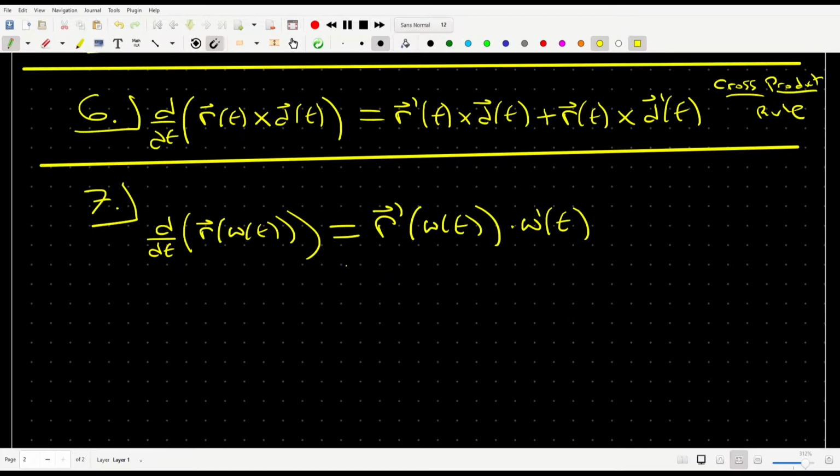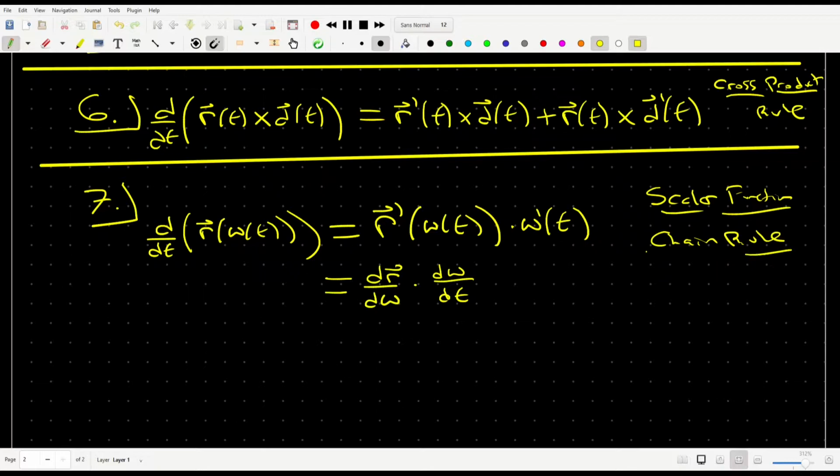And for shorthand, this is sometimes just called dr dw times dw dt. This is the scalar function chain rule for composition of a parametric curve with scalar functions.